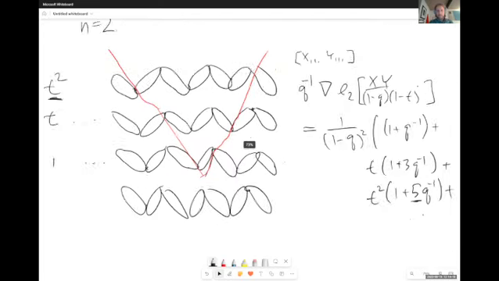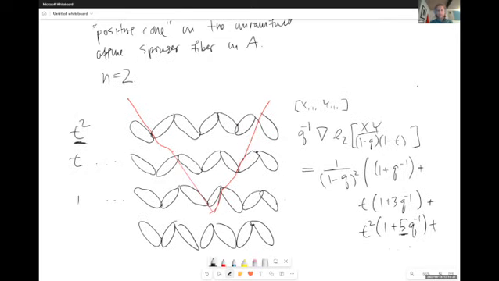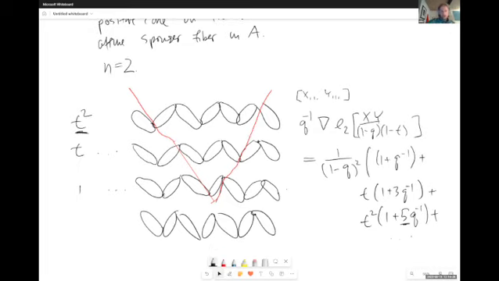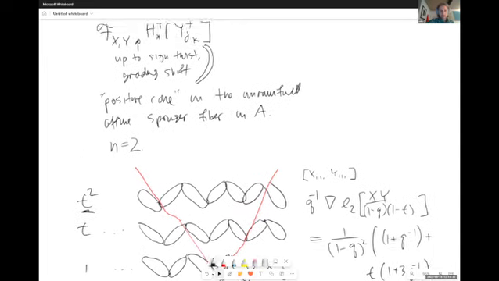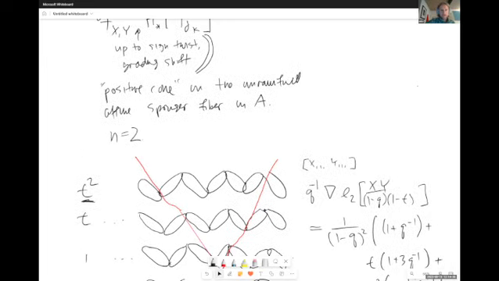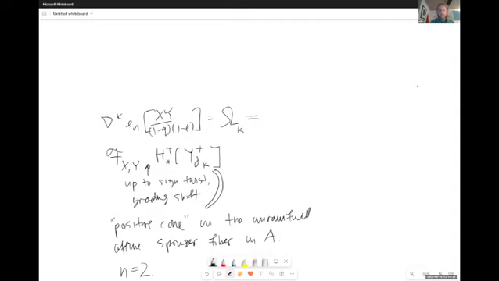I think this is the best example of checking it against the homology calculation. Okay, so that's the example, and that's what this formula is really about.